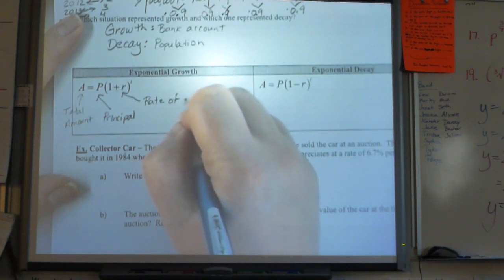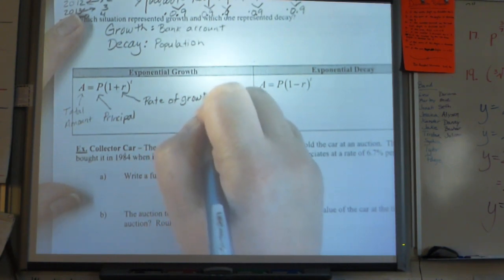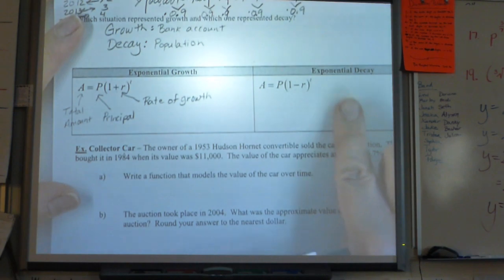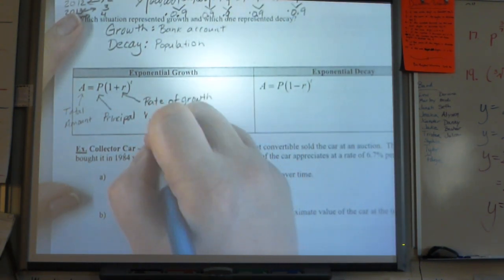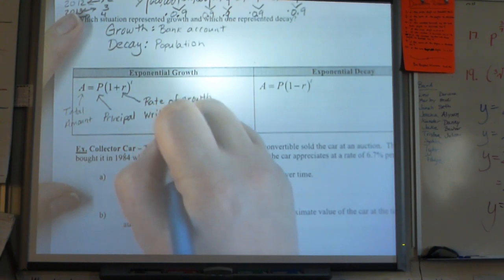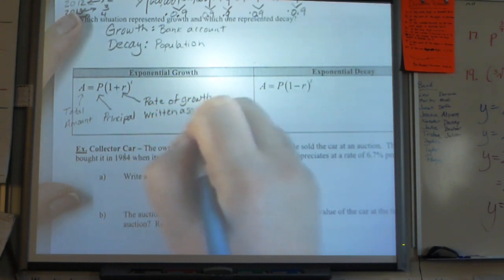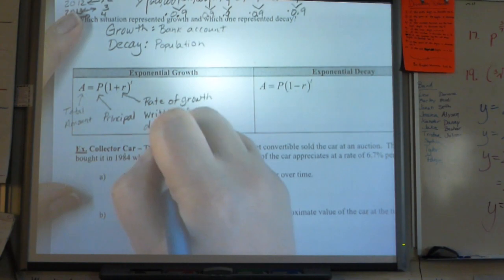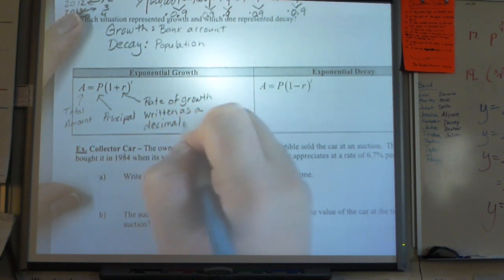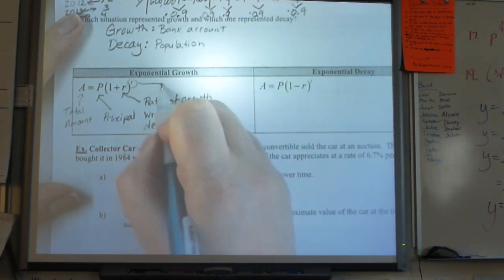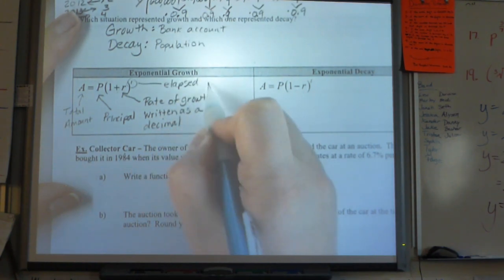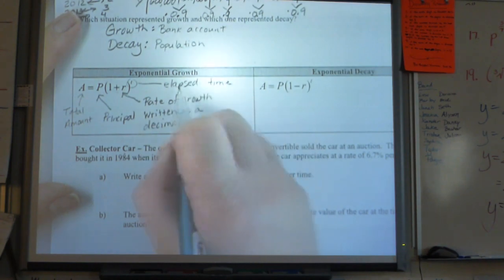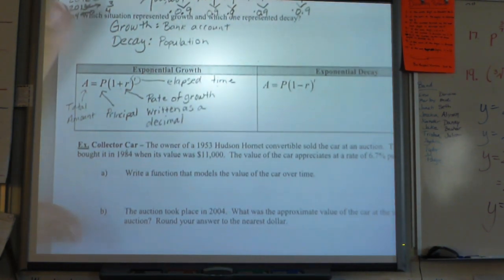We'll do rate of growth. In this case, it'd be rate of decay, written as a decimal. Okay, and t is time, elapsed time. In other words, how much time has passed, elapsed time.